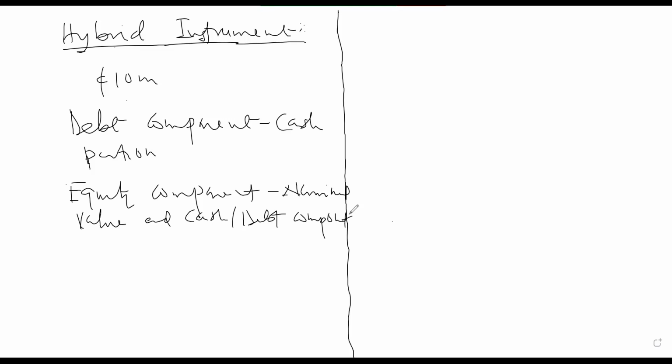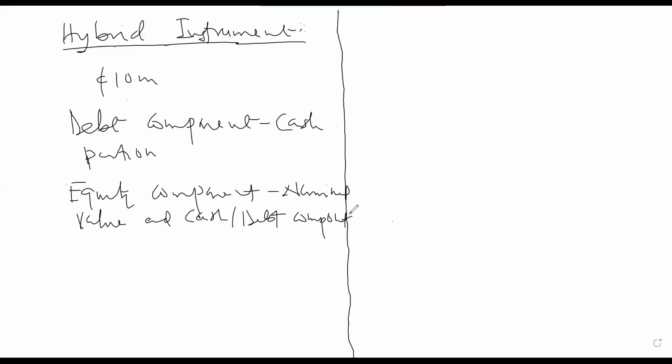If I say the cash component or the cash portion, what is the meaning? The debt will always be the cash flows that the people will be receiving from the instrument. So if the instrument is 10 million, what is the amount that we are paying every year? What is the interest that we are paying every year to the people?